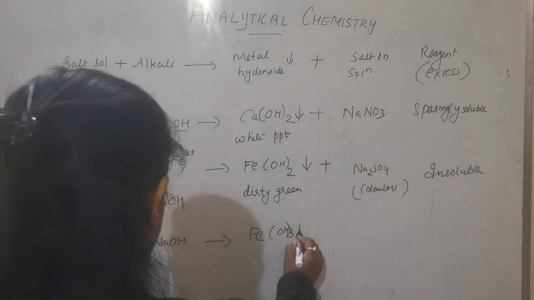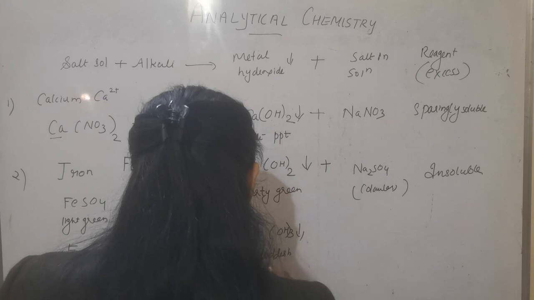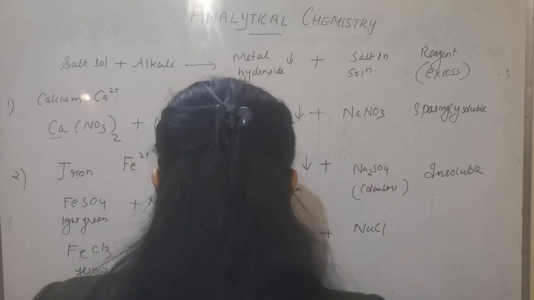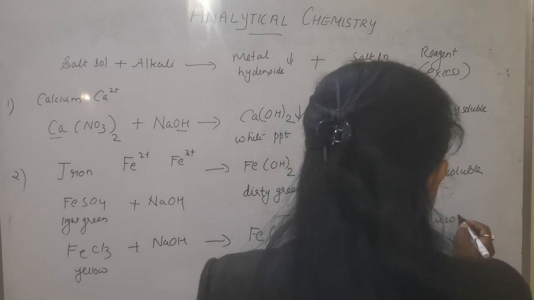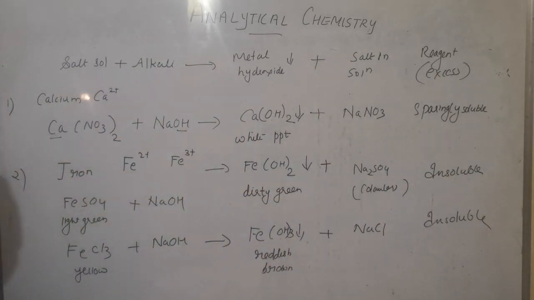This time ferric hydroxide as a precipitate, reddish brown, plus salt NaCl, and this is also insoluble in excess of sodium hydroxide. So we have seen calcium salt, iron salt, iron in the +2 state and iron in the +3 state. First we took ferrous sulfate and then ferric chloride.